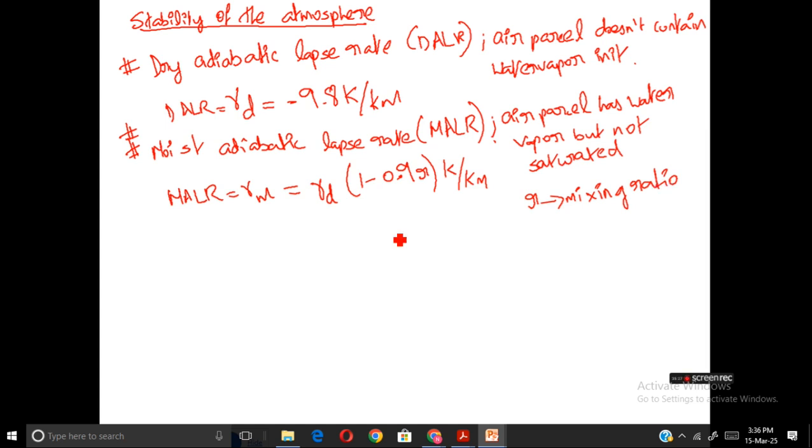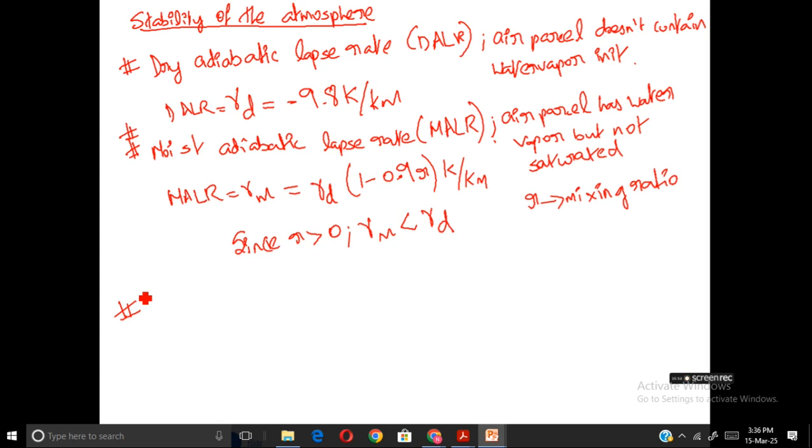So the value of the mixing ratio will always be greater than zero in case of a moist parcel. The value of gamma m is always less than gamma d. So the rate at which the temperature will decrease for a moist air parcel is less than the rate at which the temperature will decrease for a dry air parcel. So which will cool faster?